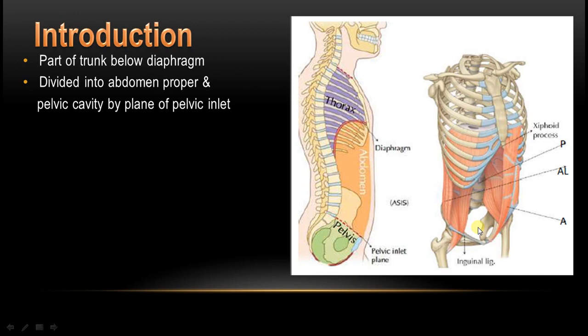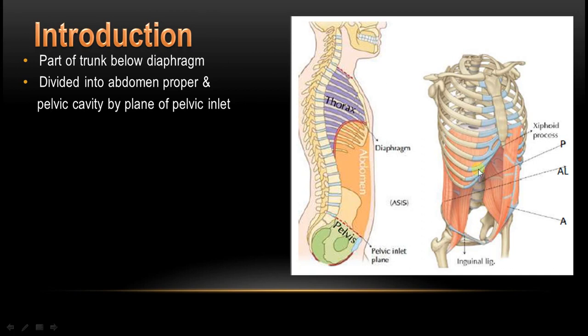But it is again divided into abdomen proper and the pelvic cavity by the plane of the pelvic inlet. So the upper border of the bony pelvis, below that you have the pelvic cavity, which also constitutes the true pelvis.